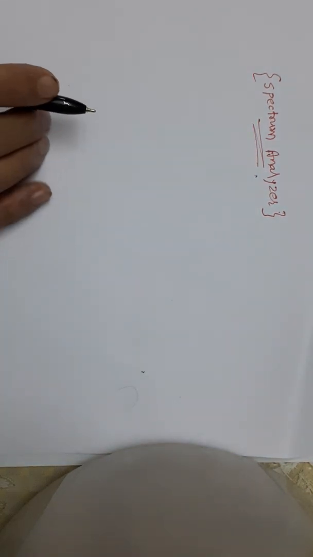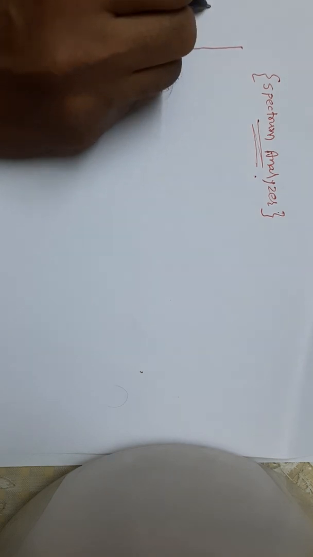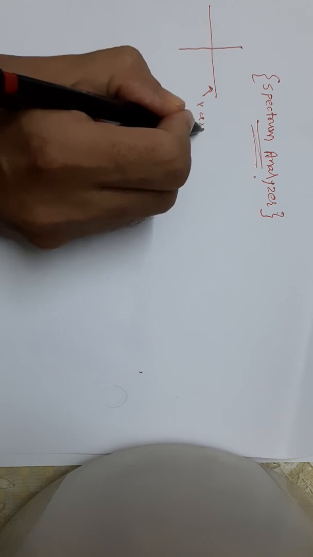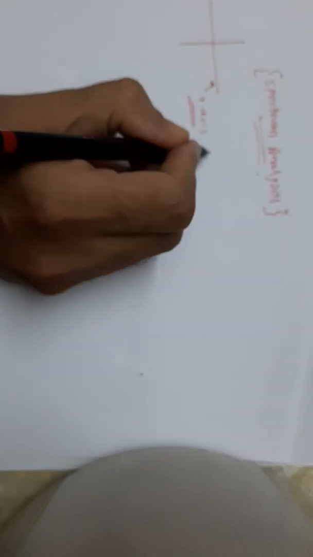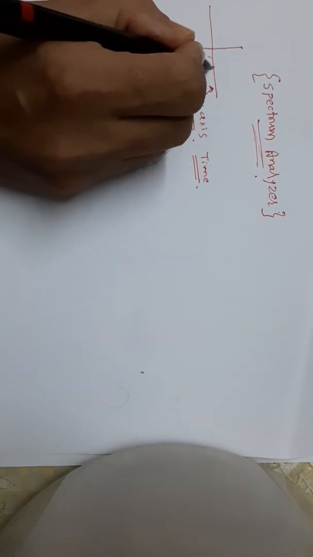Now, the most common way of observing the signal is to display it on an oscilloscope with time as the x-axis and the amplitude as the y-axis. On the screen of the CRO, this is your x-axis, with time in seconds.